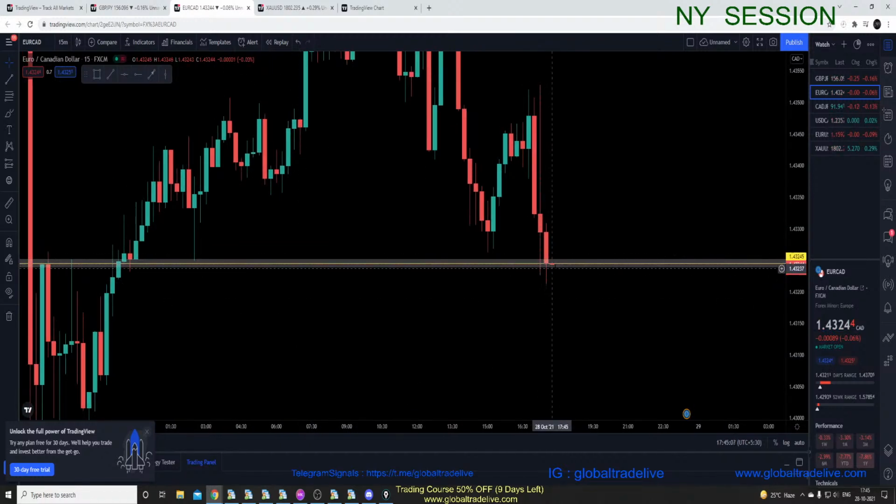Okay, so look at this. This candle closed at the support, right? So now what?